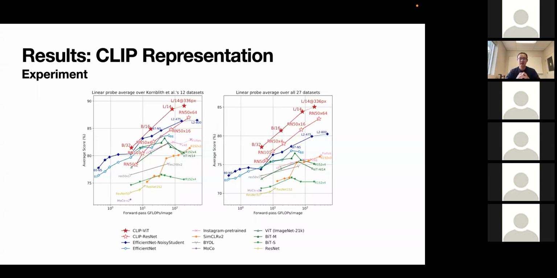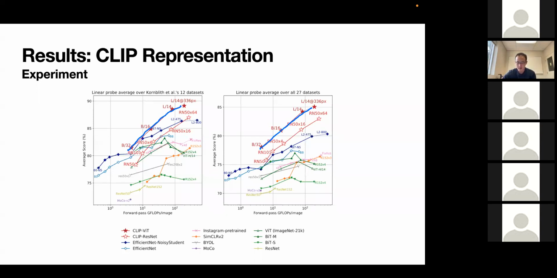And we can look at the result. These two graphs are maybe too messy, so I will highlight this line and this line. These two lines are about the model using CLIP representation, and they got really good performance. They outperform all the other features.